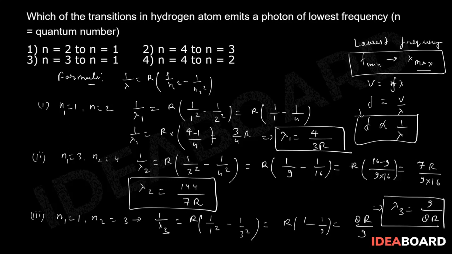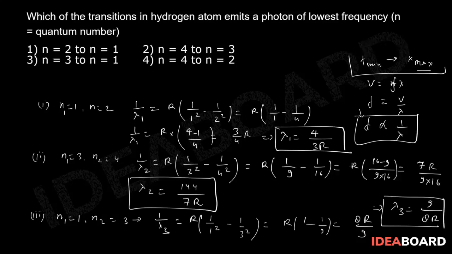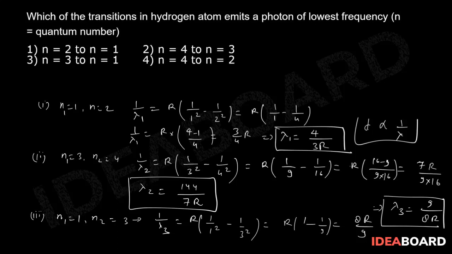Now for lambda 4, let me remove this. Okay, so I can apply it for the fourth combination, which is n equal to 4 to n equal to 2. So here n2 is equal to 4, n1 is equal to 2.